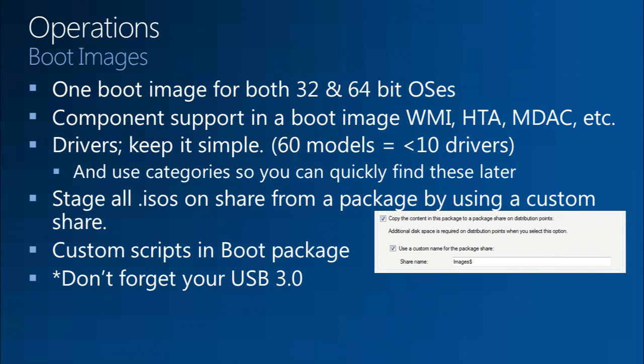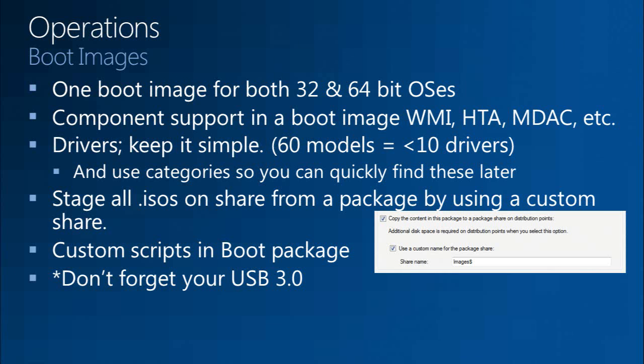Yeah. A new functionality with Config Manager 2012 is this method in which you can create a package and have it automatically create a share. So previously with 2007, when we had our bare metal disks and our remote media disks, we actually had to go out, create a share on each of our Config Manager servers, and stage this stuff out. It was a pretty manual, laborious process.